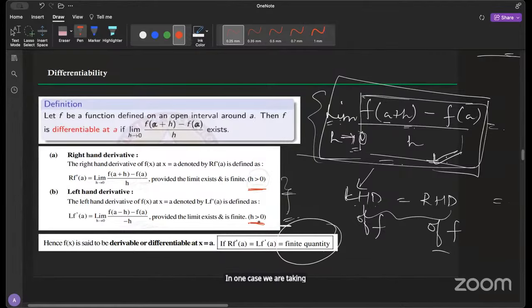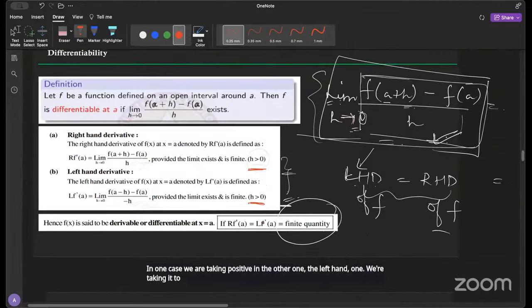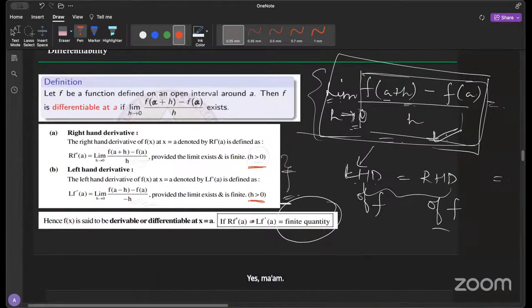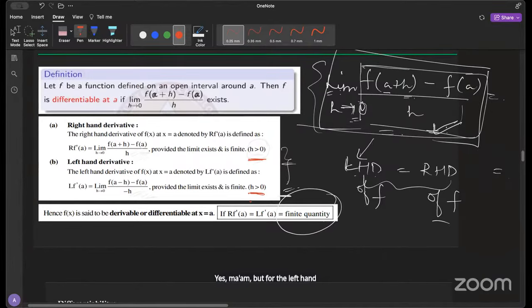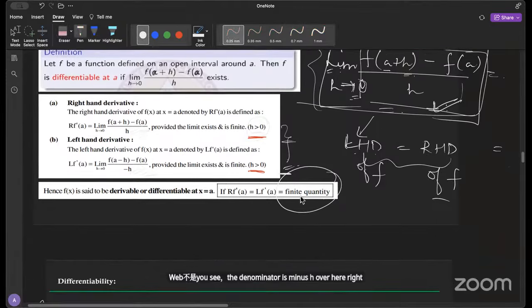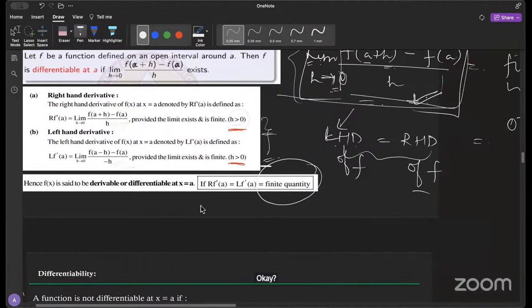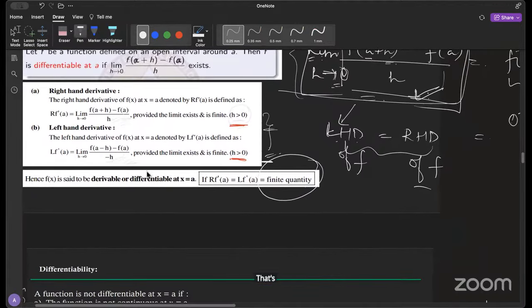In the other one, the left hand one, we're taking h to be negative, right? For the left hand derivative, it should be f of a minus h minus f of a. In most of the examples you will get the same thing, because the denominator is minus h over here. So you'll get the same answer. That's the difference. Here you have minus h, there you have h only.